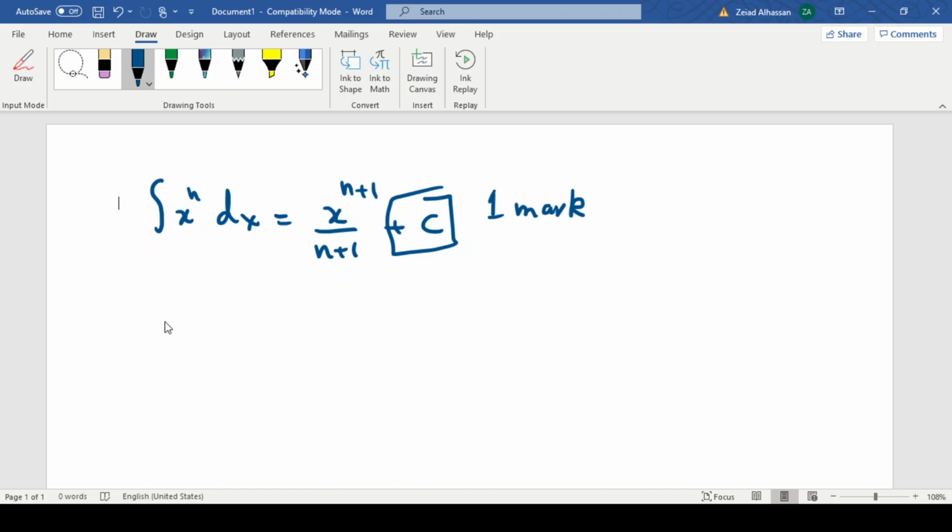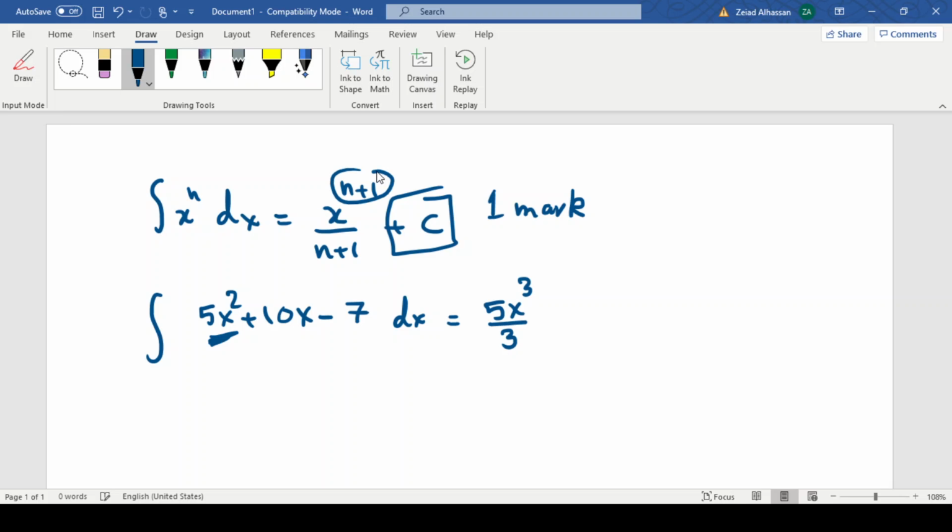So when I say integration of 5x squared plus 10x minus 7 dx, it is equal to integration of 5x squared is 5x power 3 over 3, because there is a plus 1 and over plus 1, plus 10x, that's x power 1, so that's 10x squared over 2.